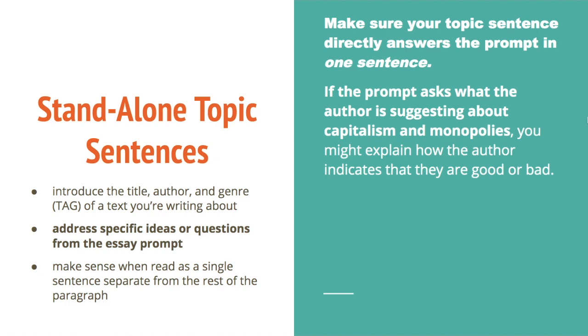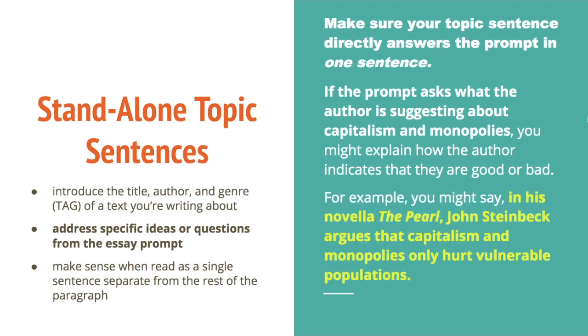In that case, you might explain how the author indicates that they are good or bad. So when adding the tag into that, you might have a topic sentence that looks like this: in his novella, The Pearl, John Steinbeck argues that capitalism and monopolies only hurt vulnerable populations. Period. That's it for the topic sentence.